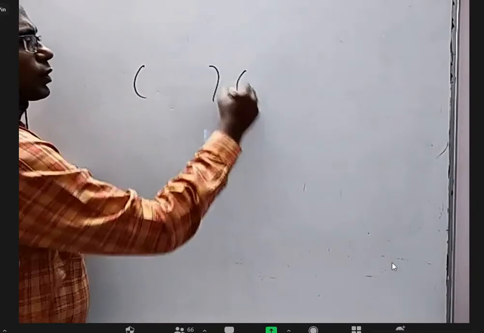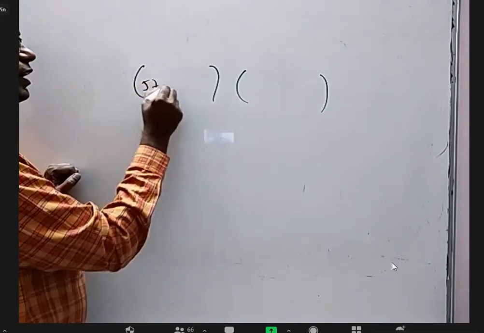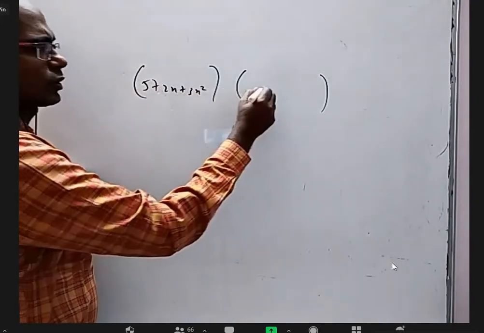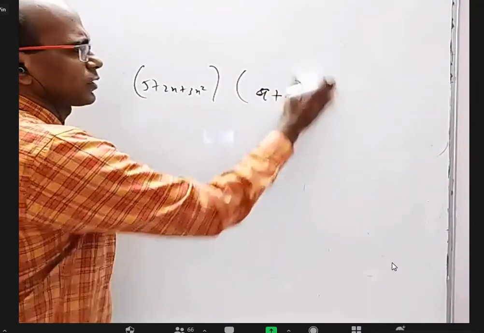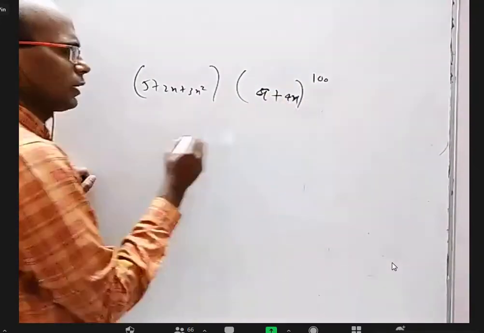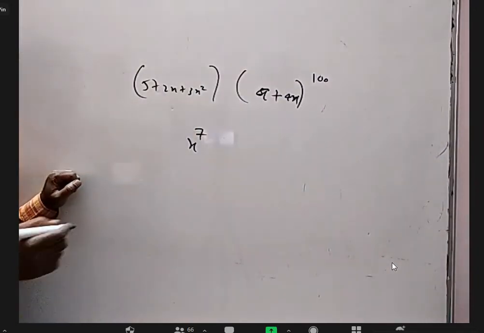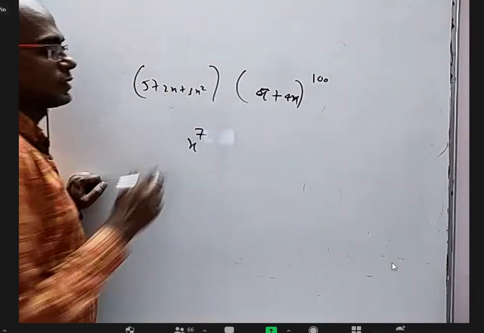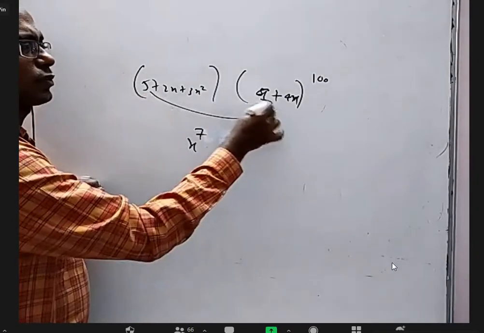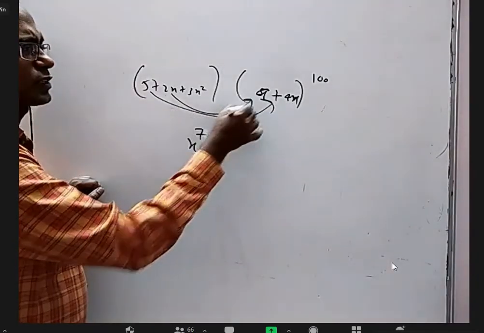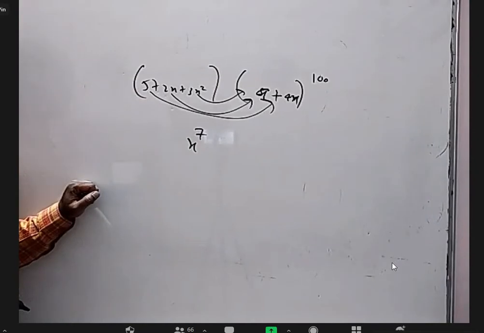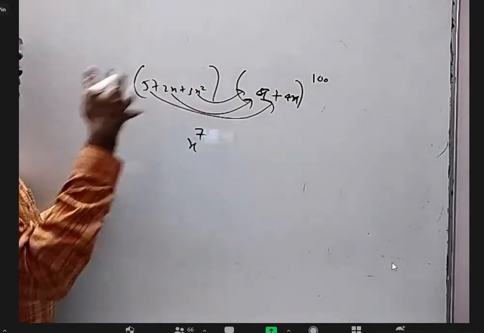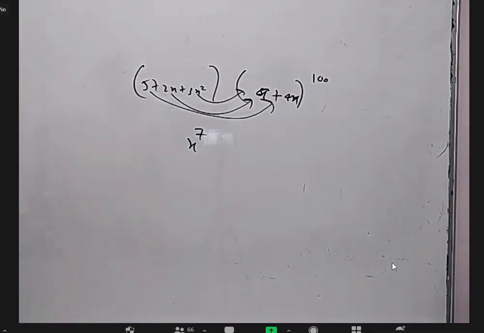Sometimes we may have a product of two things, let's say (5 + 2x + 3x²)(9 + 4x)^100. Let's say I want the x^7 coefficient in this. I will get it in 3 ways: this into the x^7 coefficient in this, this into the x^6 coefficient in this, this into the x^5 coefficient in this. Am I correct? Yes, I have to add all of them.